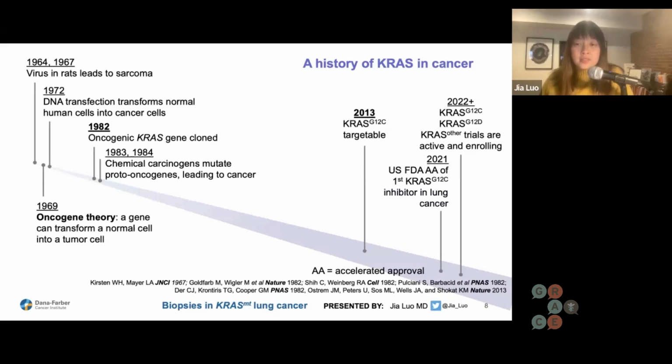Ultimately, this has led to the first FDA approval. It was an accelerated approval given the initial promising results of the first KRAS G12C inhibitor in lung cancer, known as sotorasib. Since this breakthrough, there's been really quite renewed interest in targeting KRAS-driven lung cancer.